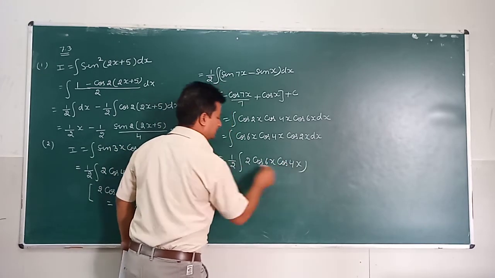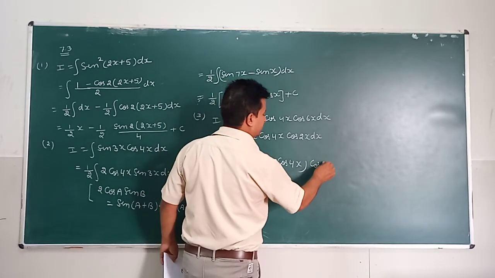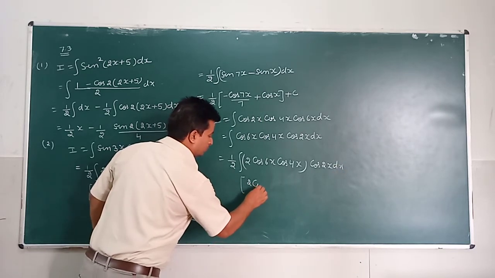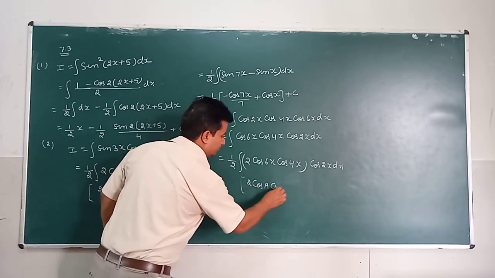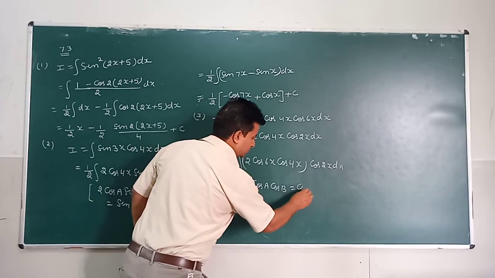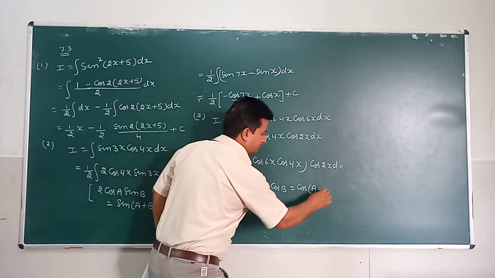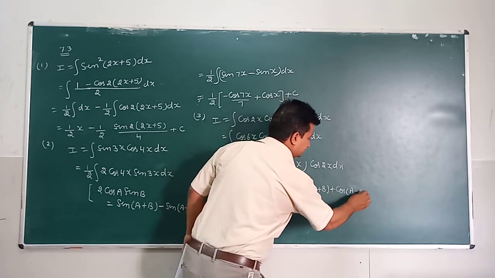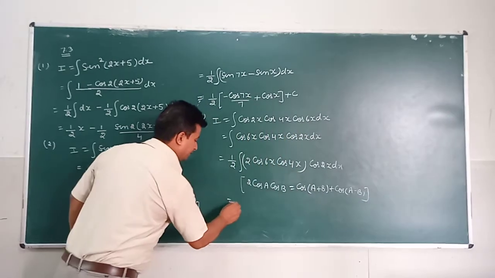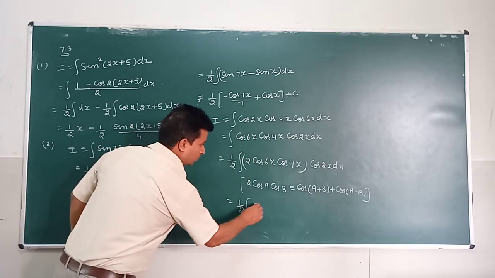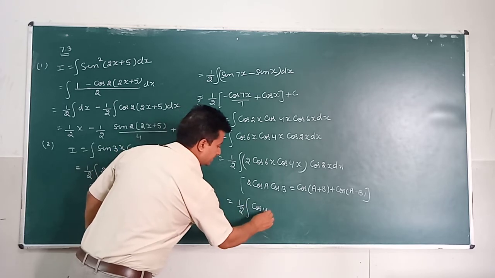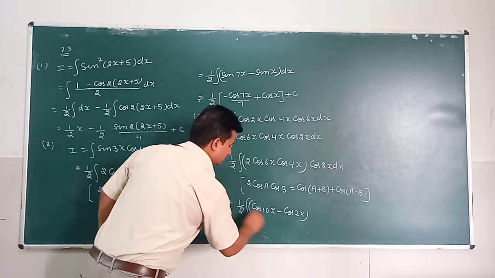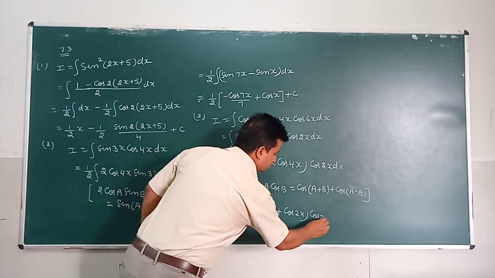Cos 4x, take this 2x outside the bracket, and we use the formula 2 cos A cos B, which is equal to cos (A plus B) plus cos (A minus B). So it is 1 upon 2, cos (A plus B) is 10x, cos (A minus B) is 2x. So into cos 2x.